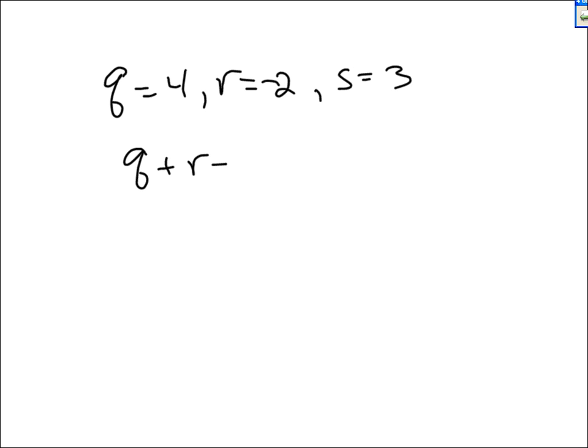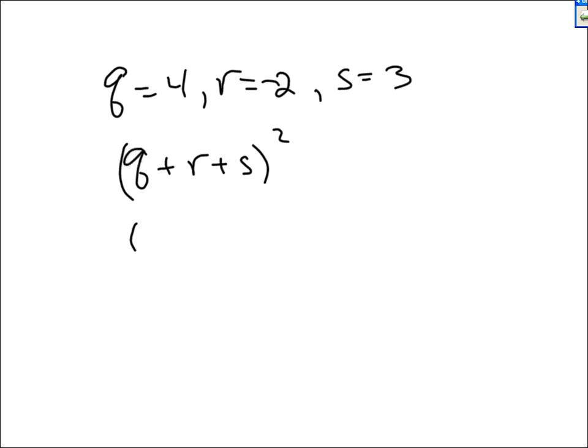Let's try another one. Suppose I tell you Q is 4, R is negative 2, and S is 3. I ask you to find the sum of Q, R, and S, squared.